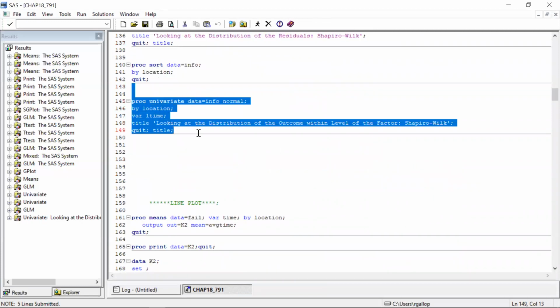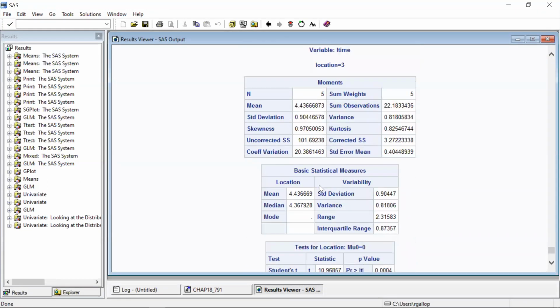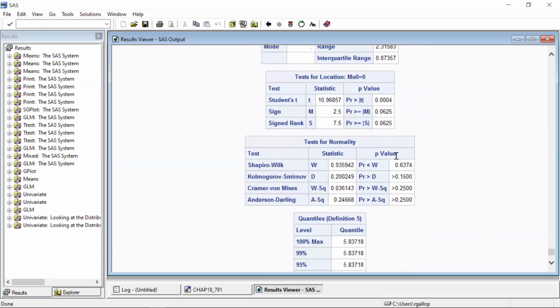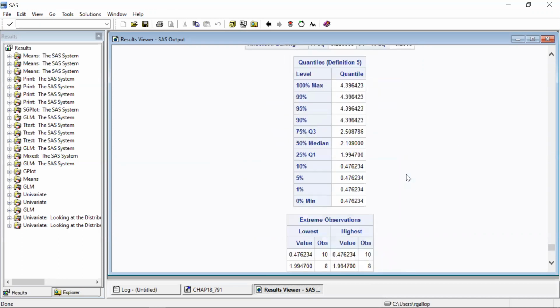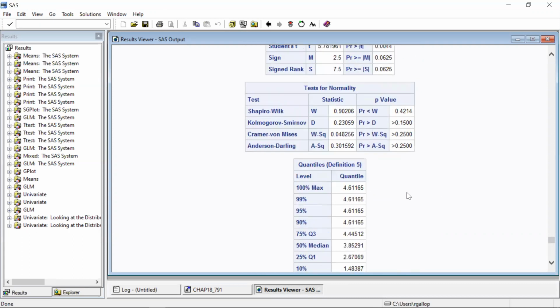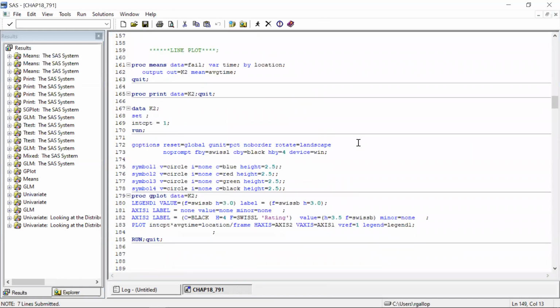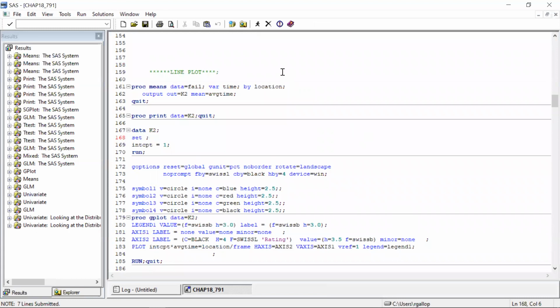Even if we look within cell, this is location 3, no evidence. And this is location 2, no evidence of deviation from normality. Then location 1. So wow, that really did correct the issues of normality.